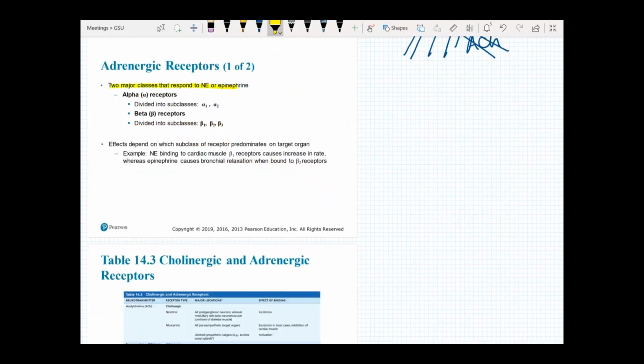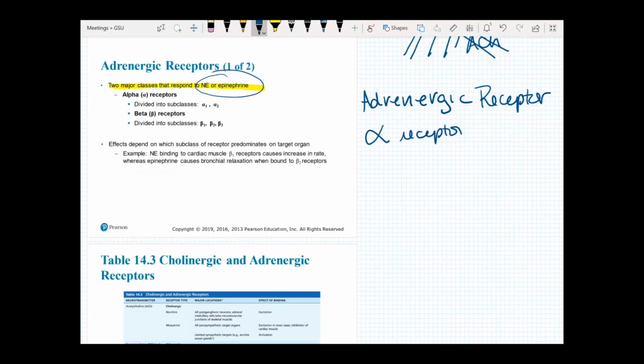So these are the ones that respond to norepinephrine or epinephrine. So they actually respond to either. These adrenergic receptors are not as complicated, and they're divided into two. You will either have the alpha receptor or you will have the beta receptor.